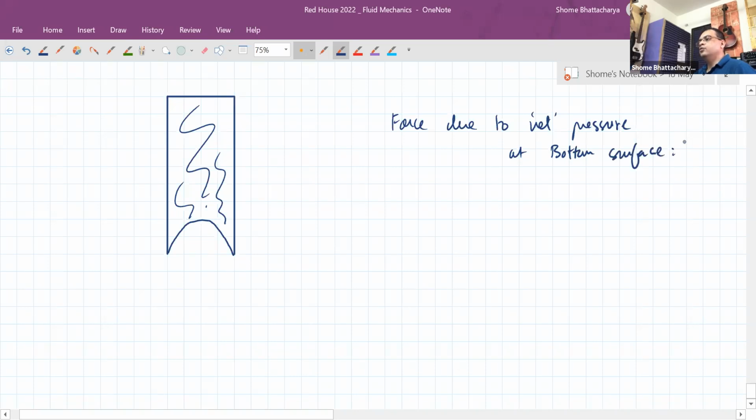Suppose we take that force as F1. Then we'd say this surface is experiencing a downward force of pressure into area, because it's a laminar surface. This is experiencing some unknown force F1, but the resultant of these two forces, F1 minus F0, is only equal to the buoyant force.